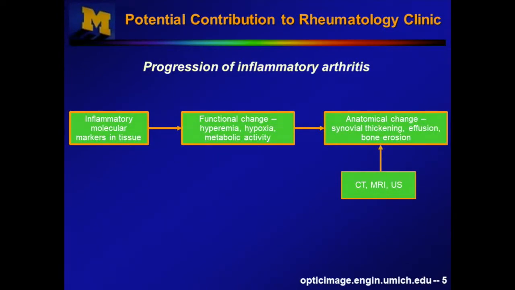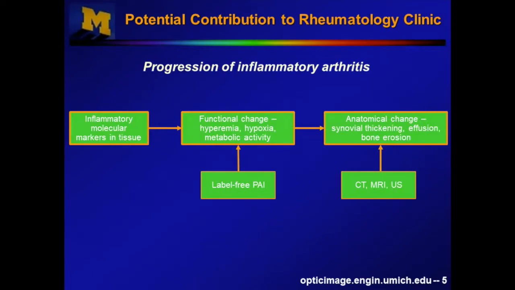So what we are hoping to do is detect arthritis at an earlier stage of the arthritis progression. If we can detect these functional changes in the joints by using photoacoustic imaging, we will be able to start the treatment earlier. We will also be able to monitor the patient's response to treatments much quicker.